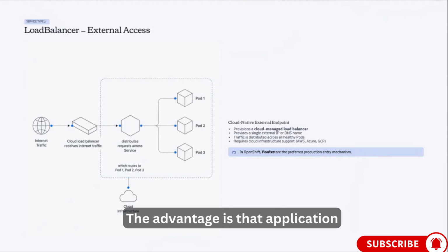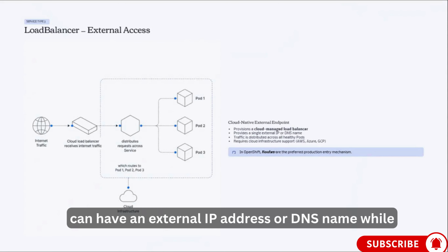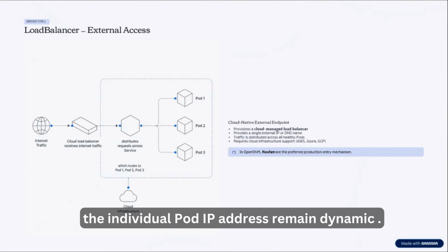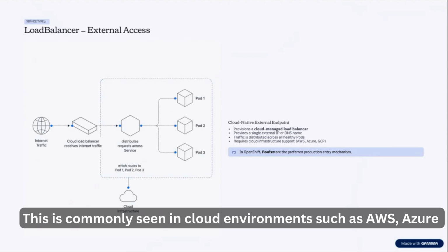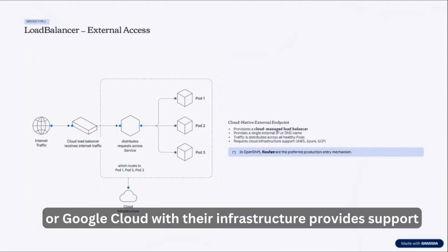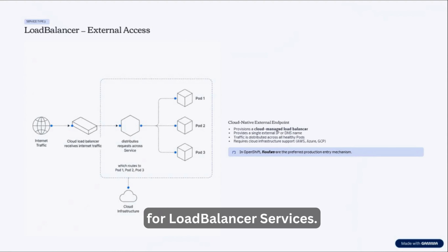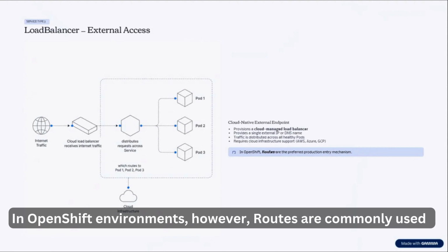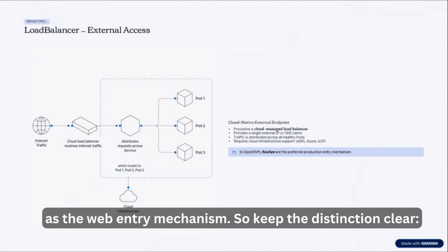The advantage is that the application can have an external IP address or DNS name while the individual pod IP addresses remain dynamic. This is commonly seen in cloud environments such as AWS, Azure, or Google Cloud, where their infrastructure provides support for LoadBalancer services. In OpenShift environments, however, routes are commonly used as the production web entry mechanism. So keep the distinction clear.